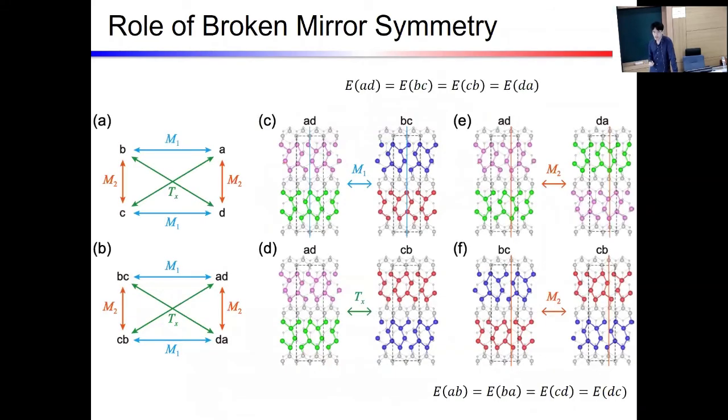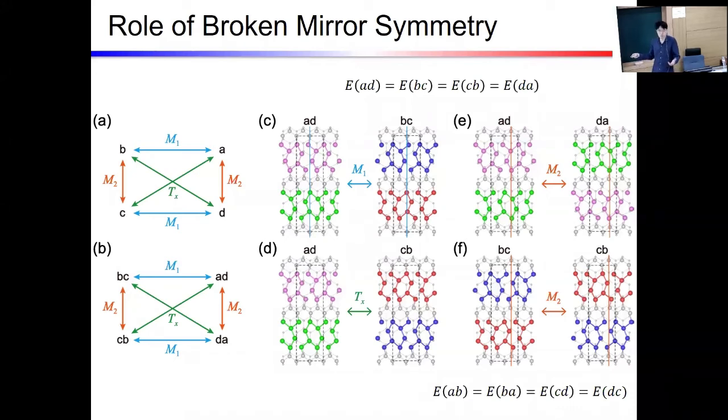Using that, if you stack another wire, which we call an AD structure, then using the M1 mirror plane, A becomes B and D becomes C, which means these two structures are energetically identical because we can use the symmetry operations, right? That means they have the same energy.